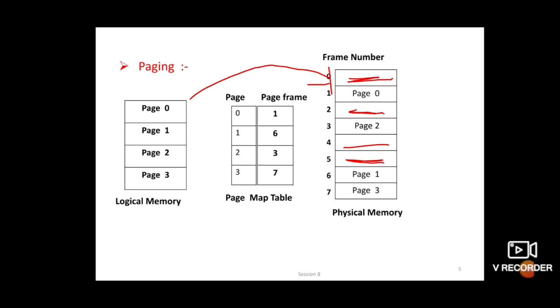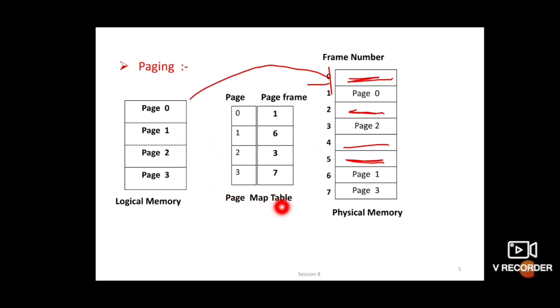Multiple page tables are required, so every process has its own page table. When the CPU demands a byte or a page, the CPU always works on a logical address. A logical address is made of two things: one is the page number and the other is the page offset. Page offset means the size of the page, and then the page number.